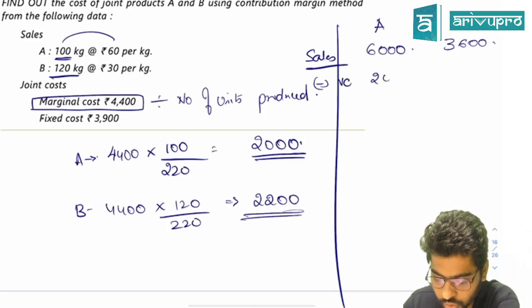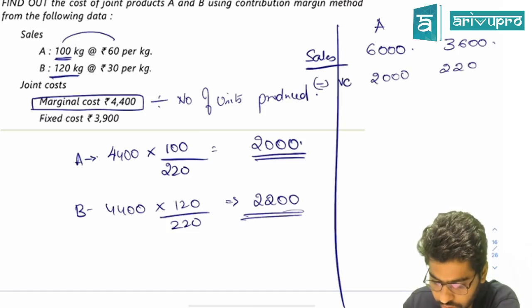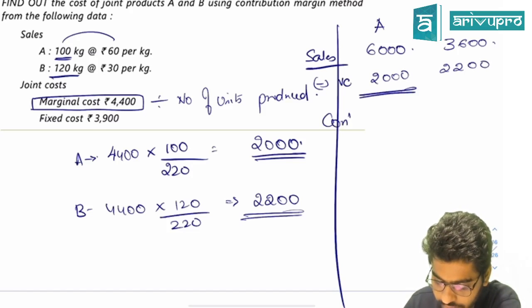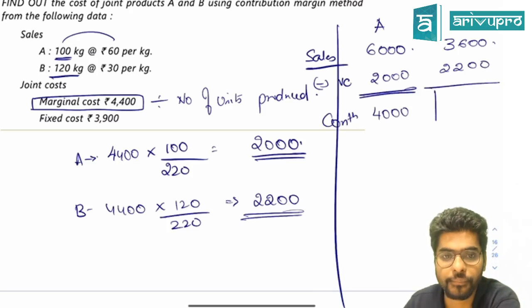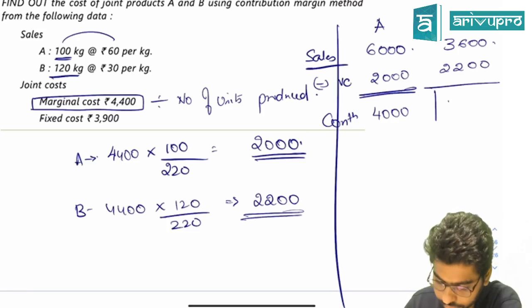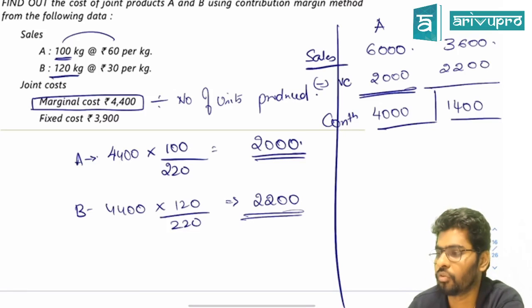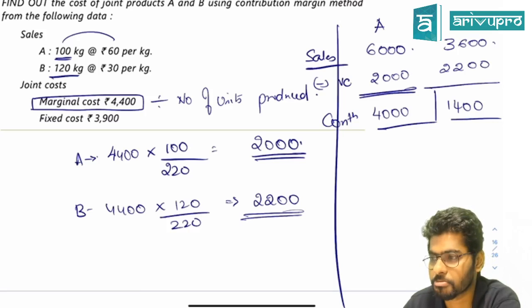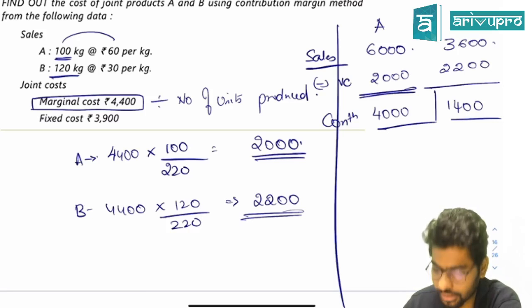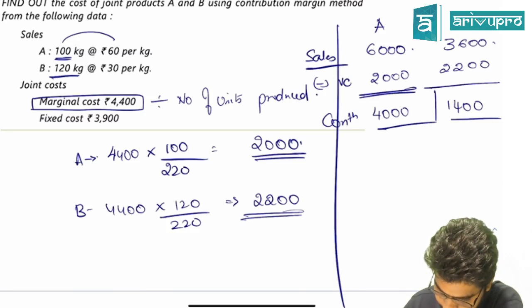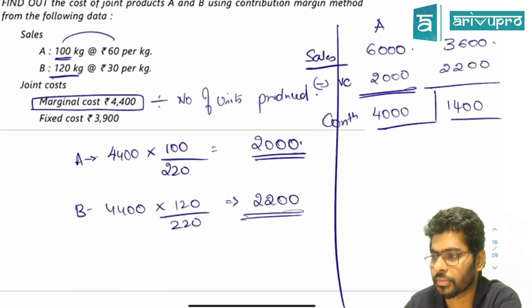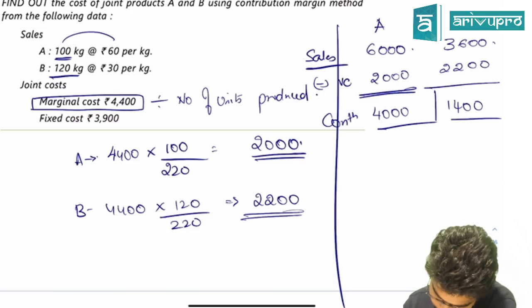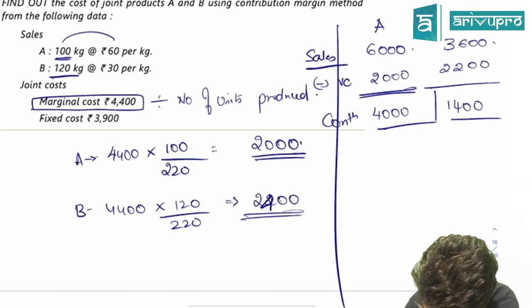The variable cost is 2000 and 2200. Therefore, what's going to be my contribution? 4000 and 1400. Sorry, this was 2400.